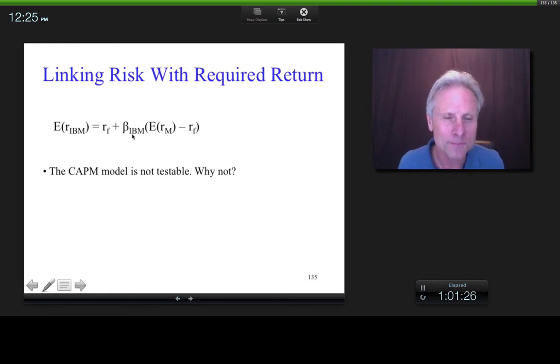What about beta? In theory, we want a beta that is about the past? Or in theory, reflecting the now and the future? In theory reflecting the now and the future. But does there exist a ticker tape of betas out there that says, hey, right now this is the beta of IBM, and 1 second later this is the new beta of IBM?